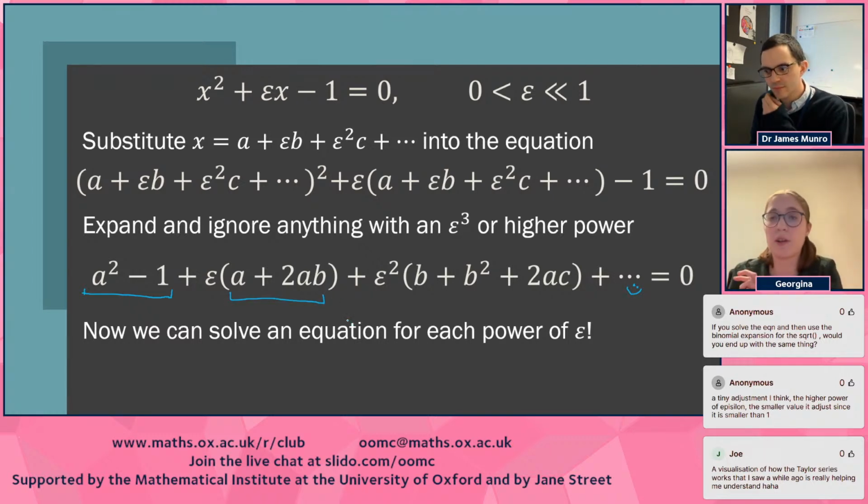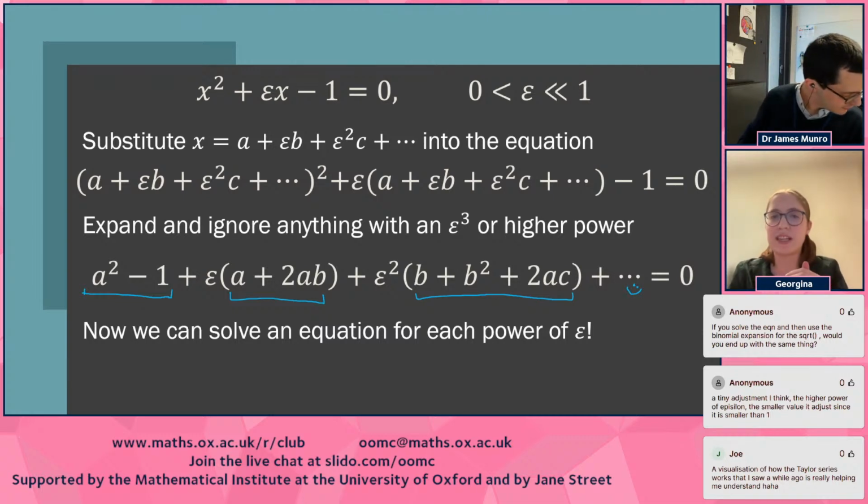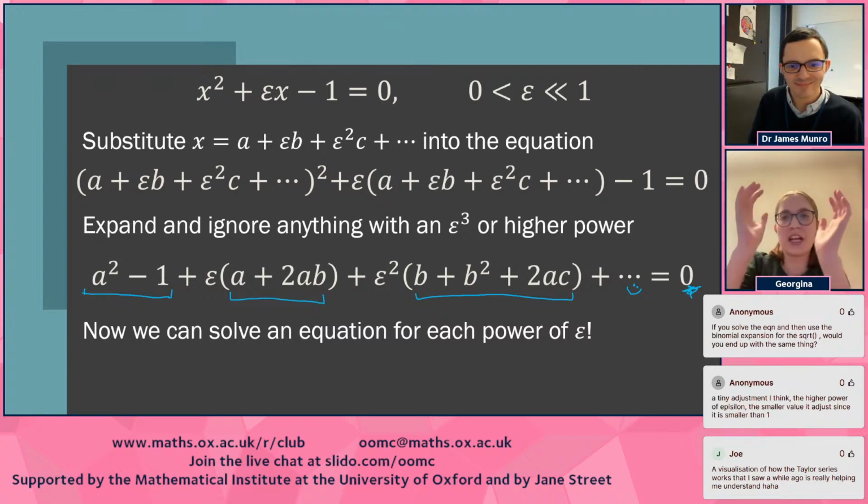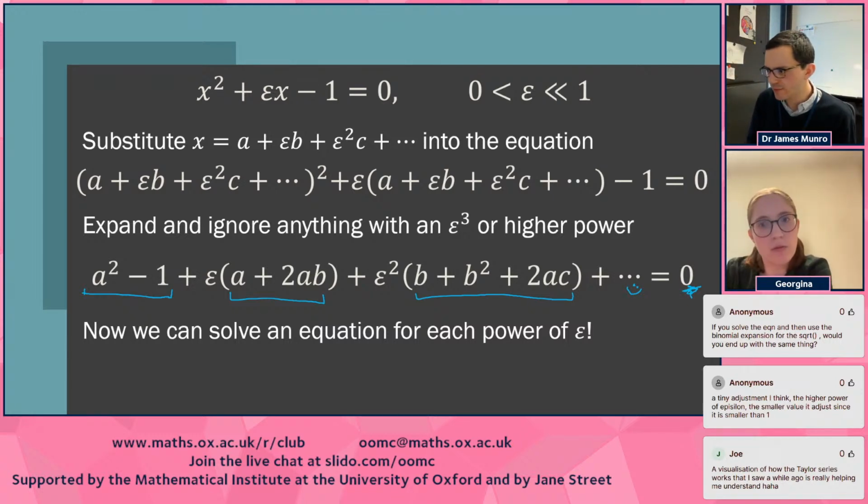That's what we'd call our first order equation. And then we have our second order equation, which is this b plus b squared plus 2ac. So these are the things with the epsilon squared. We're basically going to work through solving each of these equal to 0, because we're solving for roots. So we need our equation equal to 0. But we're just going to solve them as each individual bit equals 0.